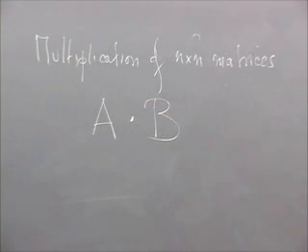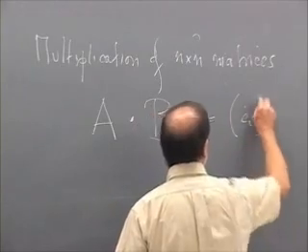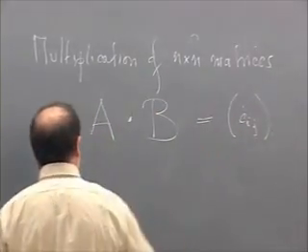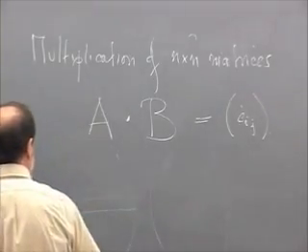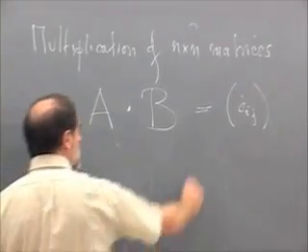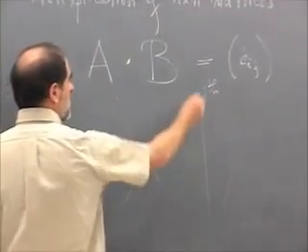So those of you who've studied this since 10th grade know that if this has entries cij, then you get the ijth entry of C in the following manner. You go across the ith row of A. You go down the jth column of B. You multiply this element by this element.